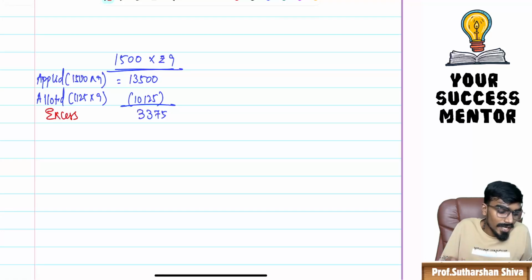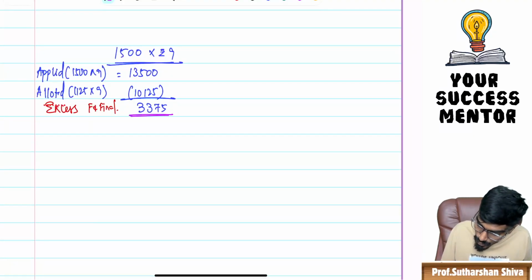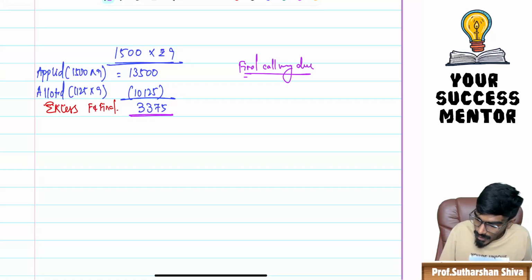After this, where can I adjust this money? First and final call. What is the first and final call money due? 1125 into 6 rupees is due, which is going to be 6750.